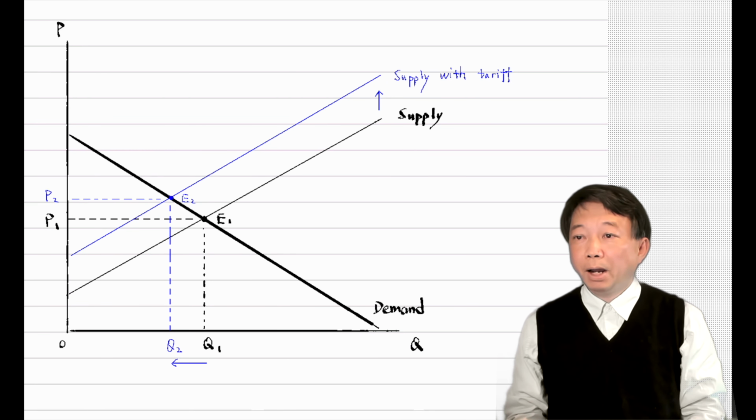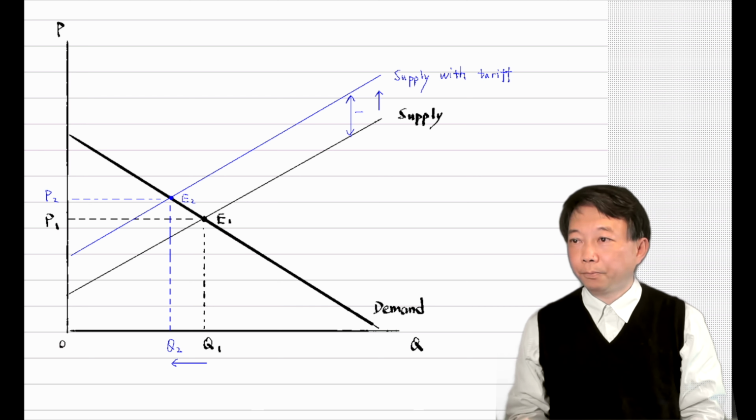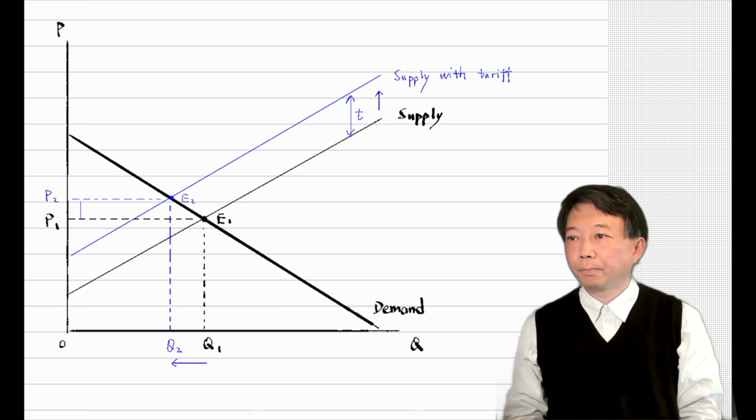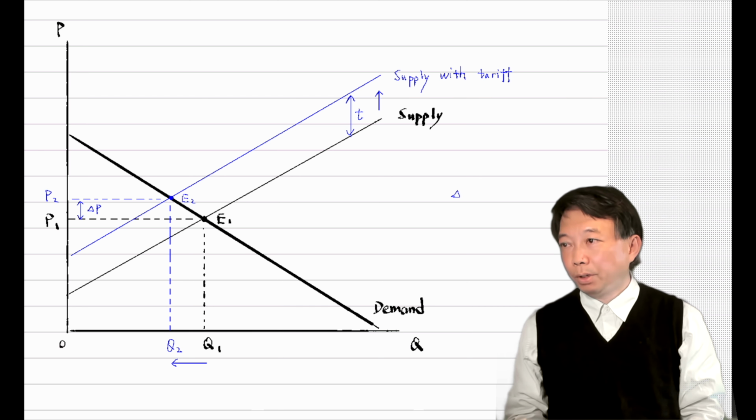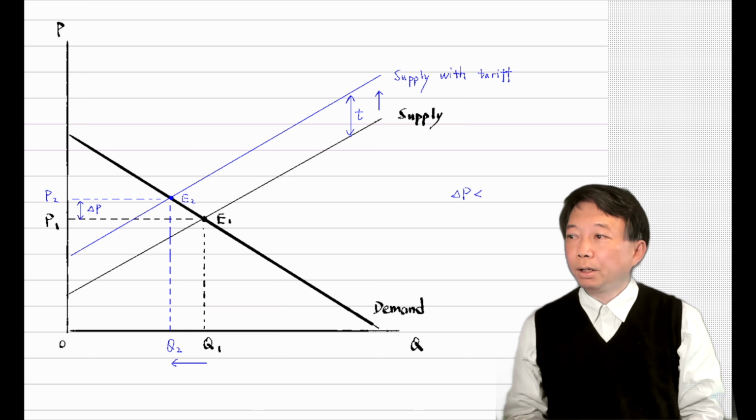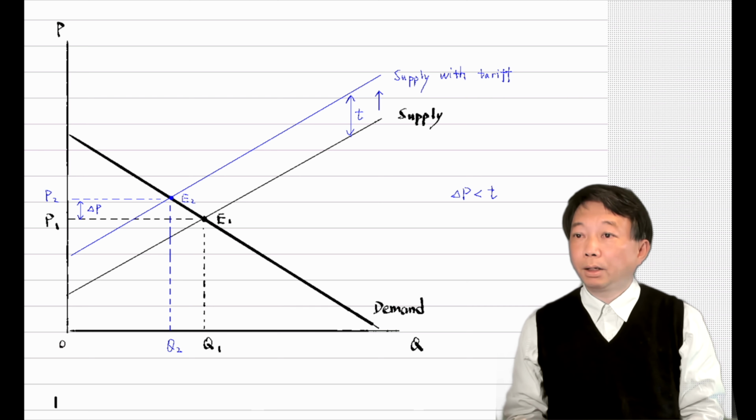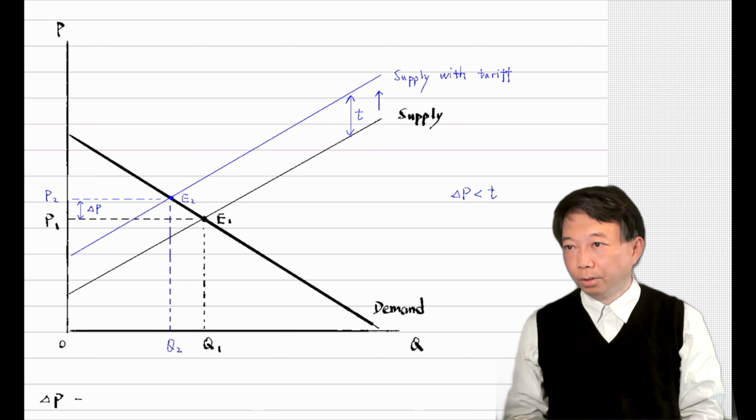However, the price increase, delta P, is smaller than the tariff T. The price rises from P1 to P2, but the increase, delta P, is only a fraction of the tariff T. In other words, the consumer's tariff burden ratio, alpha, falls between 0 and 1.